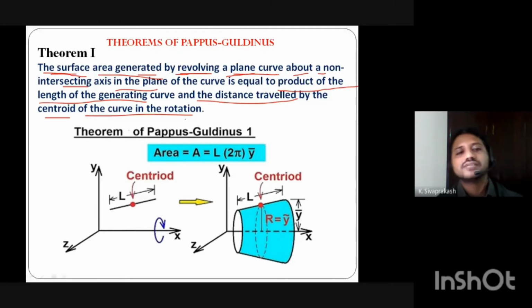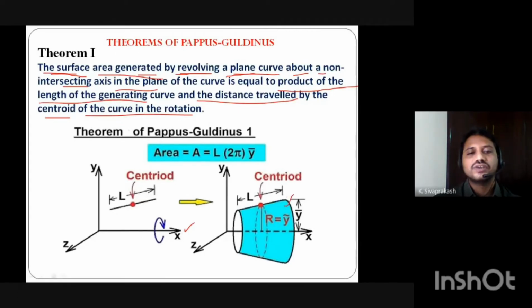According to the statement, let us take a plane curve. The plane curve is a line; consider the line as a curve. According to the statement of theorem 1, the surface area is generated by revolving a plane curve about a non-intersecting axis. Let the length of the plane curve be L. Now we revolve this plane curve about the non-intersecting axis, the x-axis.